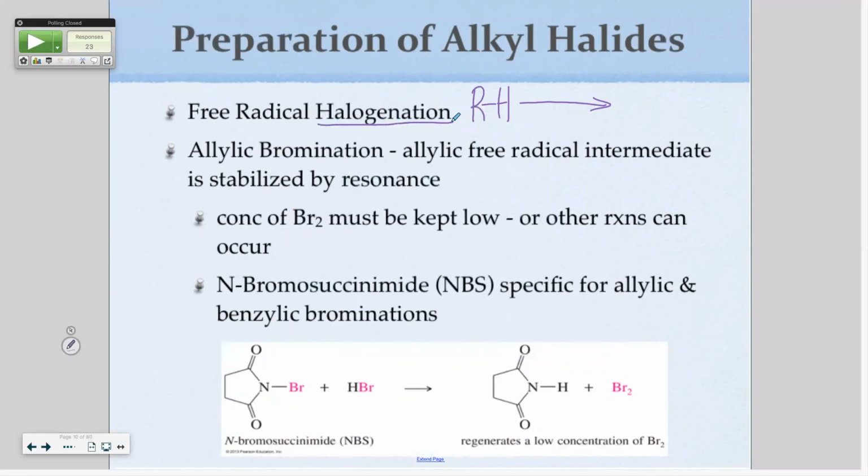Okay, so what do we add to do free radical halogenation? A halogen. Do you remember which ones worked? We can't use all four. Chlorine and bromine. Which one was more selective? Bromine. So you will have X2.